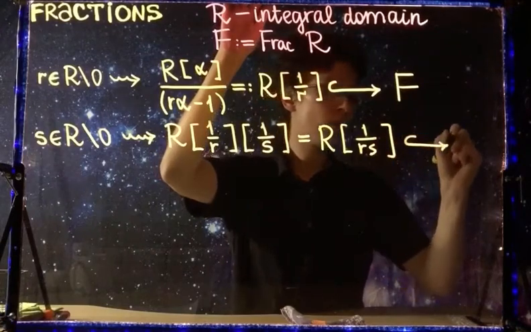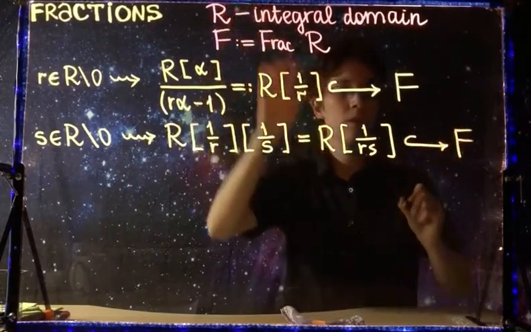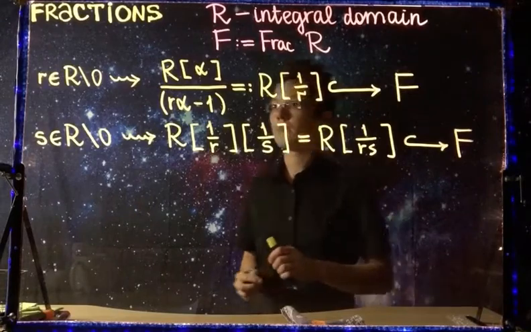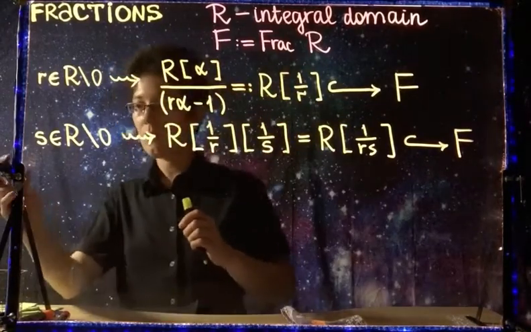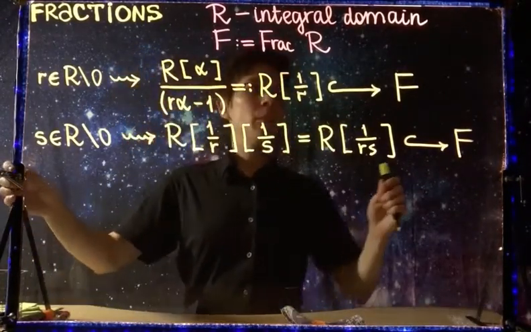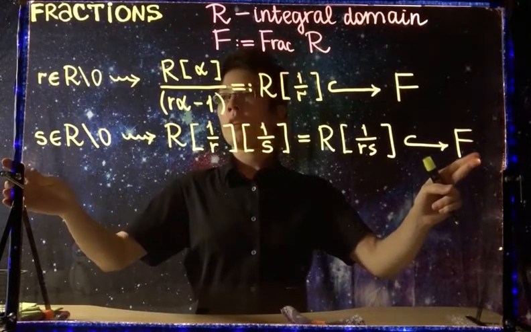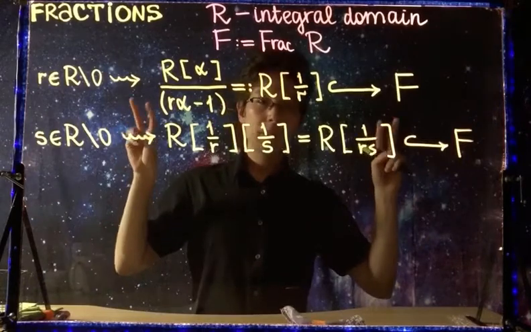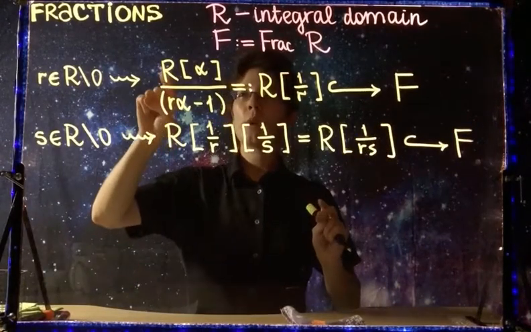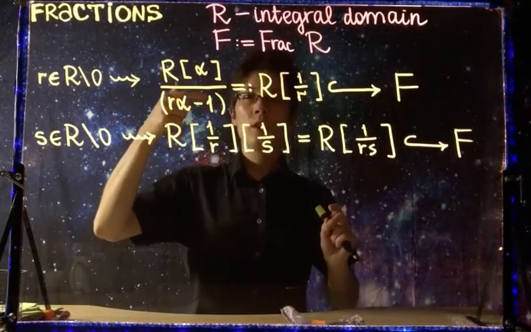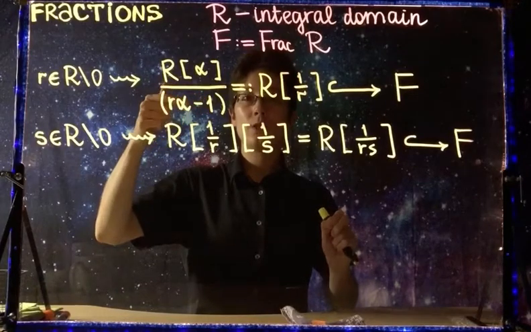And this also is a subring of the field F. And I imagine the field of fractions as the limiting ring that we get from R by adjoining all the inverses.